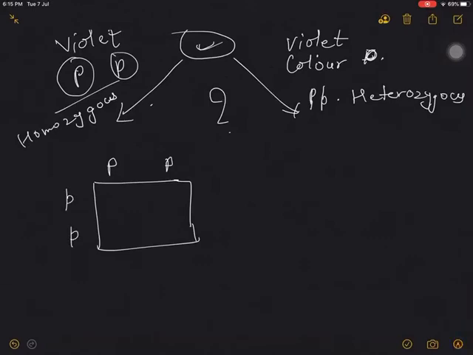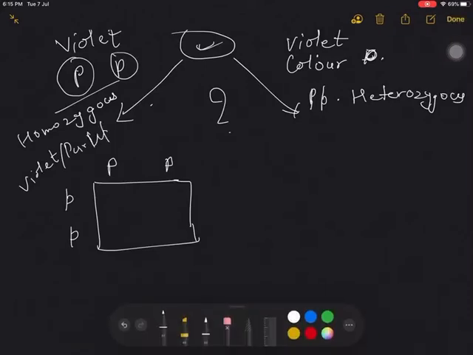Violet is dominant, violet, or you can say purple. Purple is dominant trait.